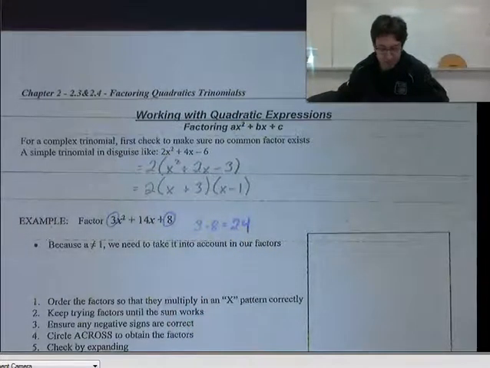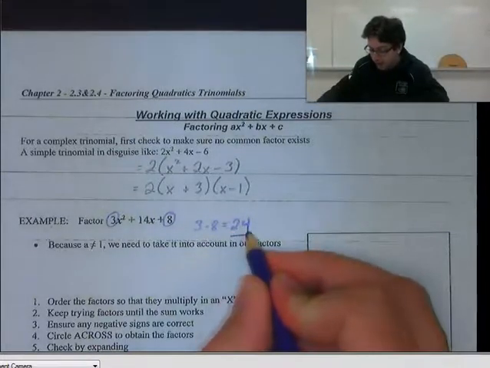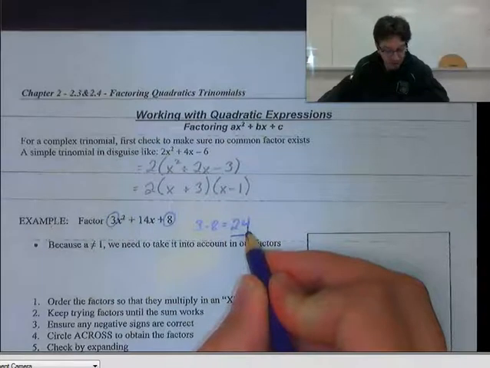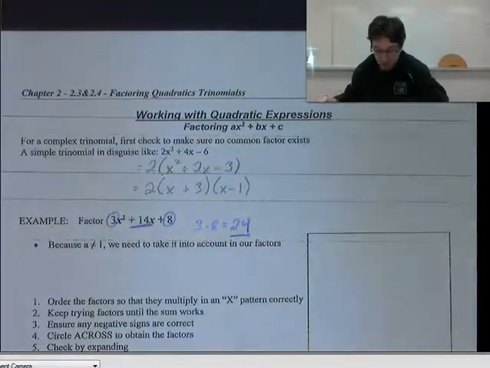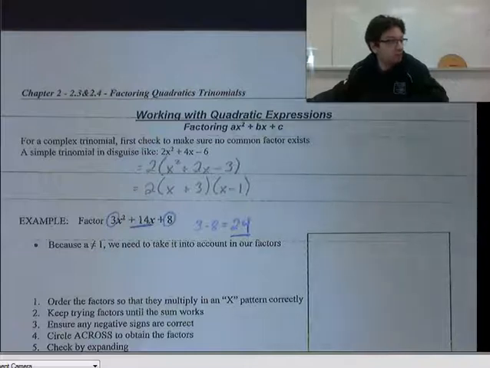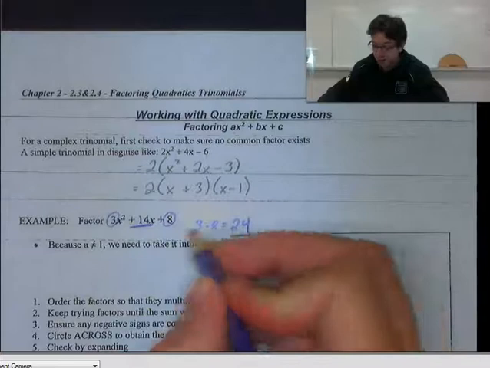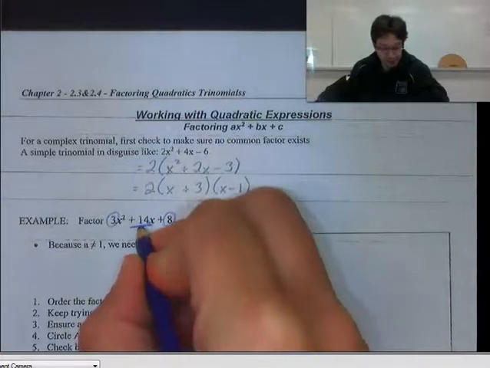Then what we did is we said, what two numbers multiply to give you 24 and add to give you 14? And it turns out those two numbers are 12 and 2. Okay, so 12 times 2 is 24. 12 plus 2 is 14.